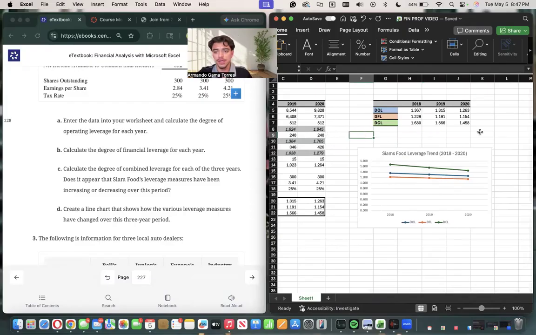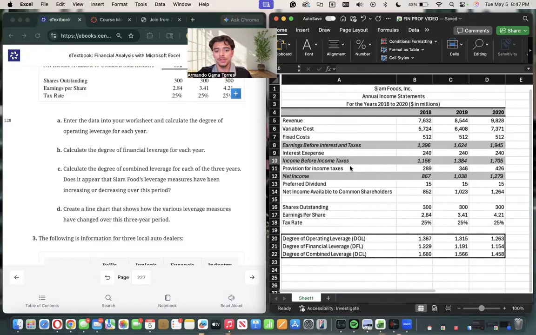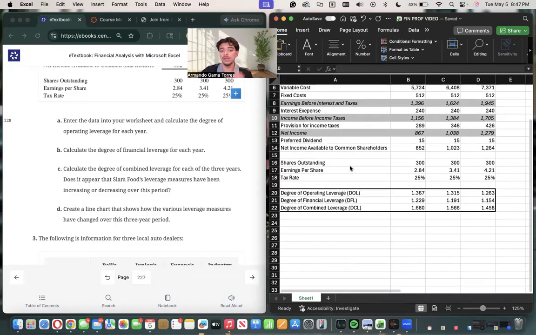This completes the modeling that we've created. This is crucial because these degrees of operating leverage, financial leverage, and combined leverage really give us a sense of the volatility in a firm, comparing it to the market, whether it were to dip or not.